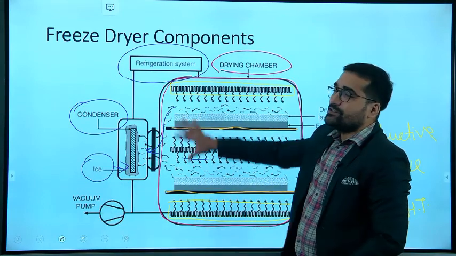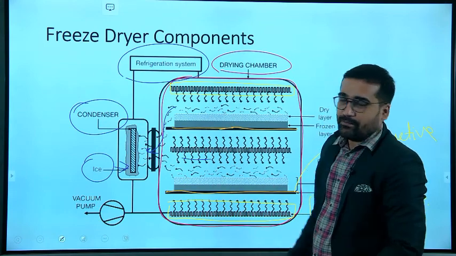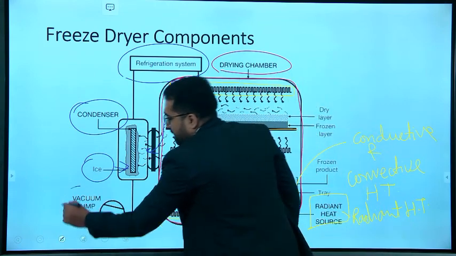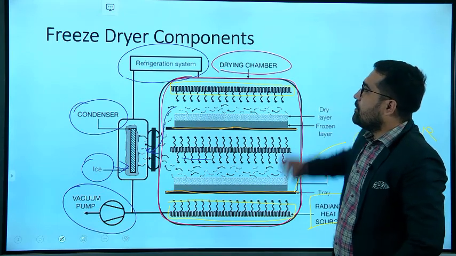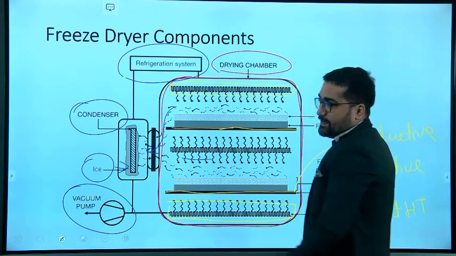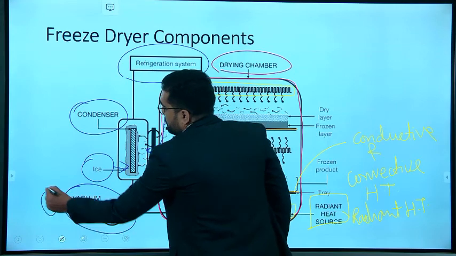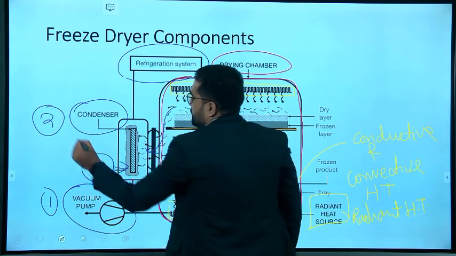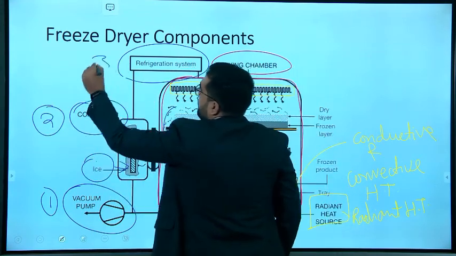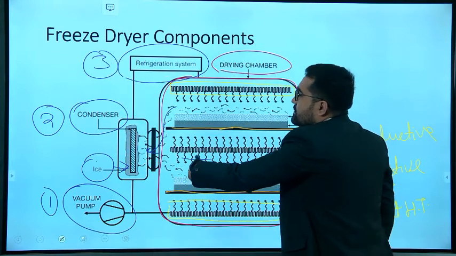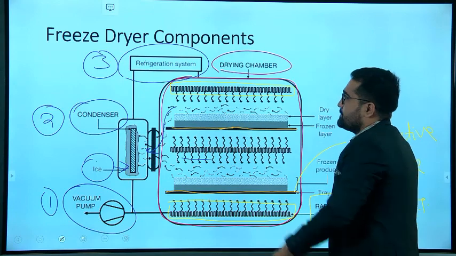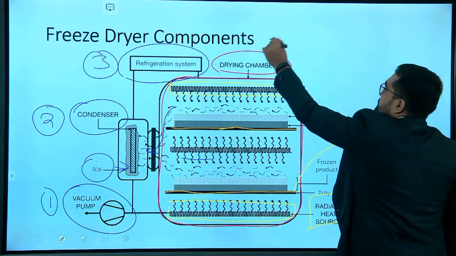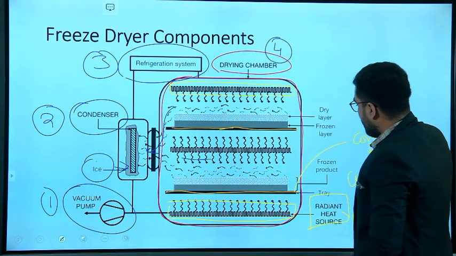And we also need to reduce the pressure inside the chamber. For that we need a vacuum pump. These are the components of a freeze dryer. Again, vacuum pump, condenser which works on ice, then the refrigeration system, with the help of which we will freeze our product, then the drying chamber, then trays.